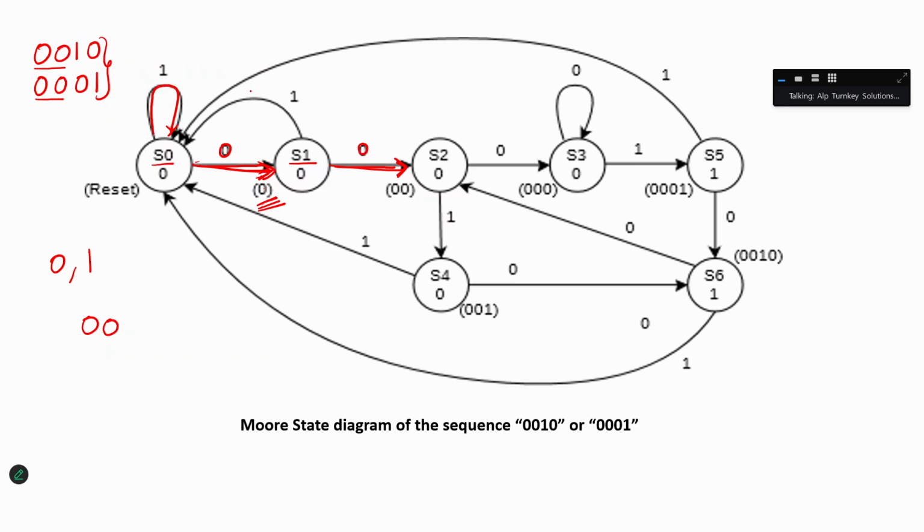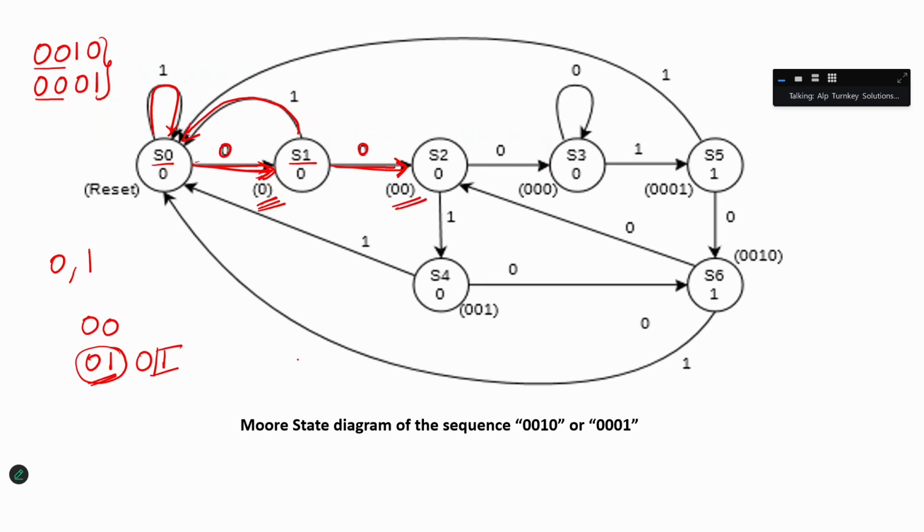Why? Because the output depends only on the present state. And if it is 0 1, I need to see these two bits: 0 1 is not matching, and the one bit is also not matching, so it will go to the reset state.